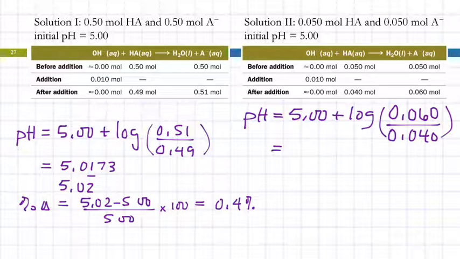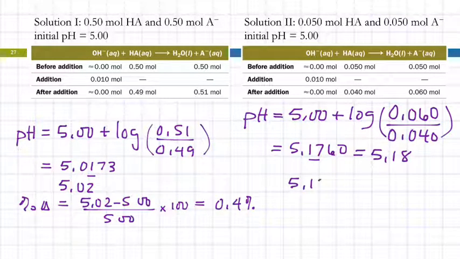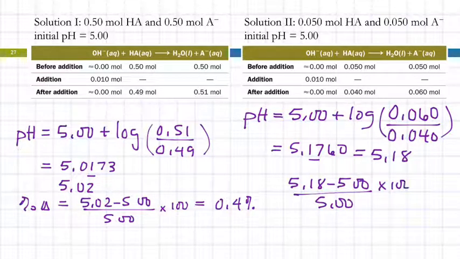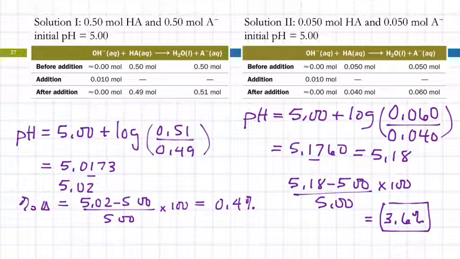So 5.1760. 5.18. 0.6. So the percent change is almost 10 times higher when we cut the concentrations by a factor of 10.